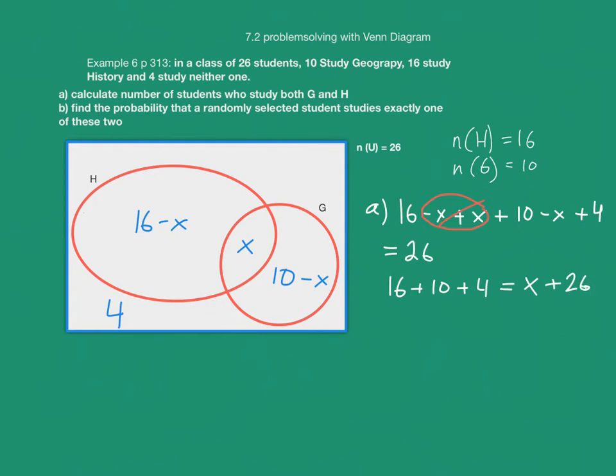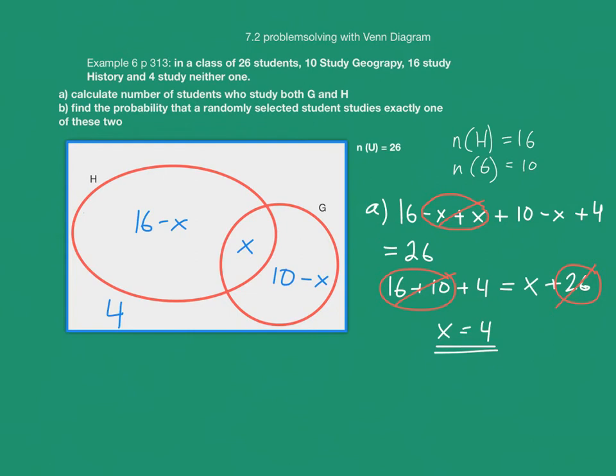And I mean, if we subtract 26 from either side, let's see. I mean, this makes up 26, right? And this is 26 here, so we could remove that on either side. And we're left with x equals 4. Yeah, so we know that x equals 4. So, the number of students who study both geography and history is 4.